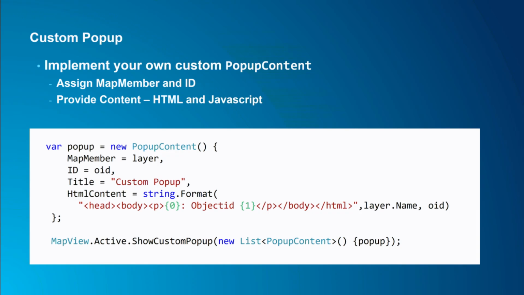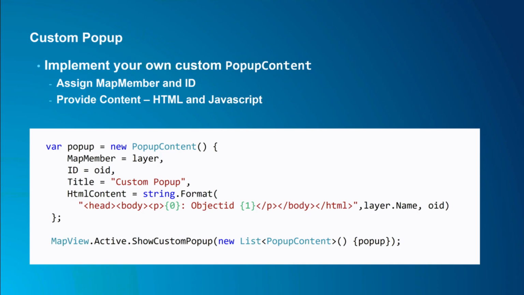Clearly, if I have a selection that goes over multiple objects or features, I would have to provide multiple pop-up content instances, all with different object IDs. And then I can provide a title, and then the HTML content itself. So this would be a very simple HTML page down here that just has a body.